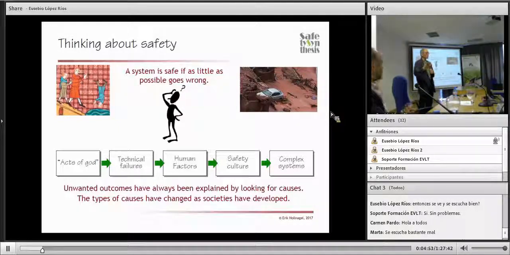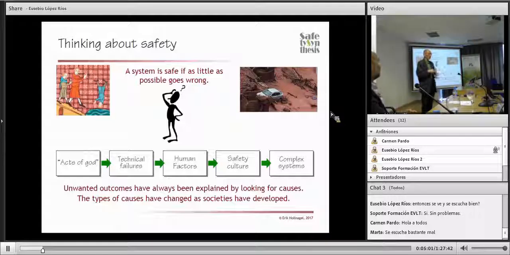You think about something that has gone wrong. You think about an accident, you think about something that has happened that shouldn't happen. And if you look at the pictures here, even from the Middle Ages, when you talk about safety, you talk about things going wrong. Take the picture to the right.